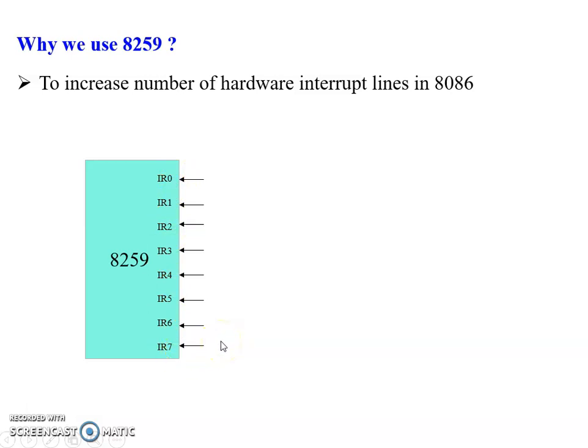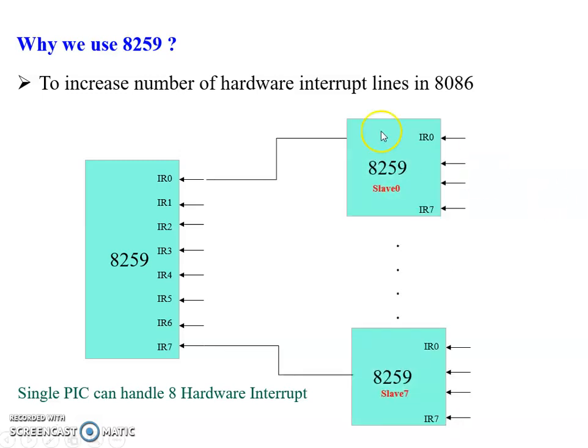If there are more than 8 interrupts, then what will we do? Because one 8259 can control 8 interrupts. So if there are more than 8 interrupts, then we will use master slave mode, in which this 8259 is, suppose, master and the remaining 8 8259s are slaves. So suppose this is slave number 0, slave 1, slave 2, slave 3, slave 4, 5, 6, 7.